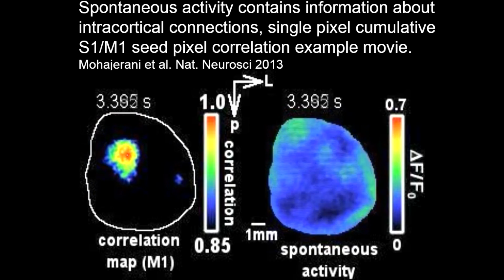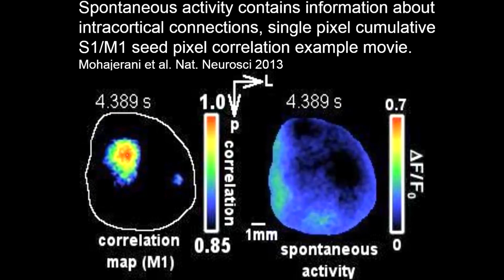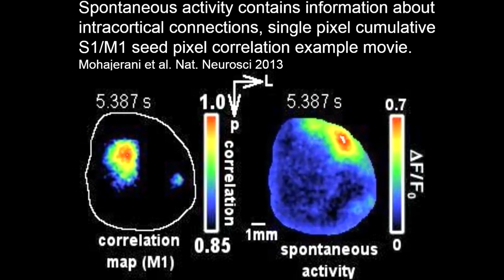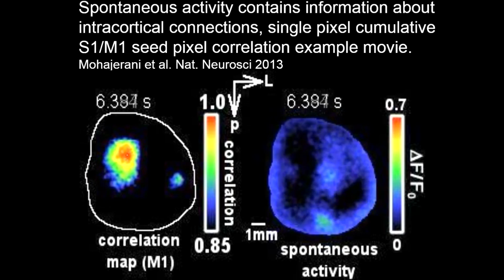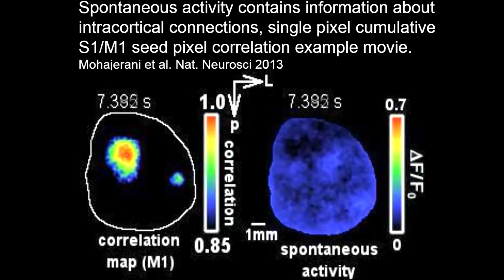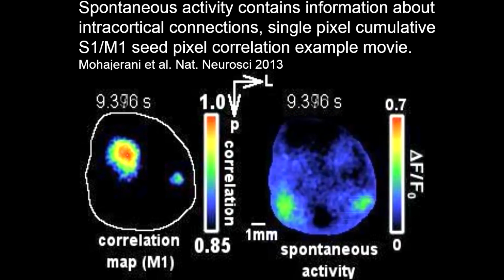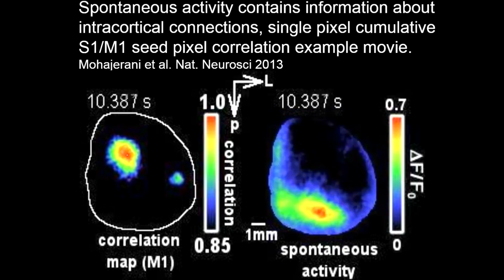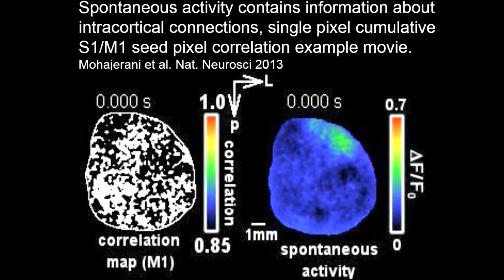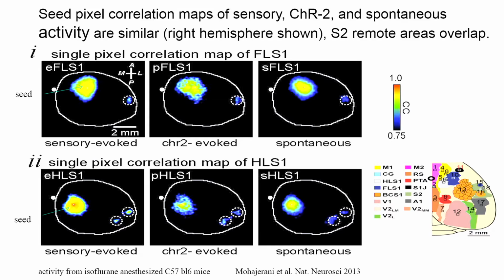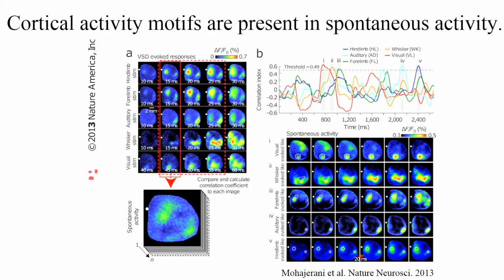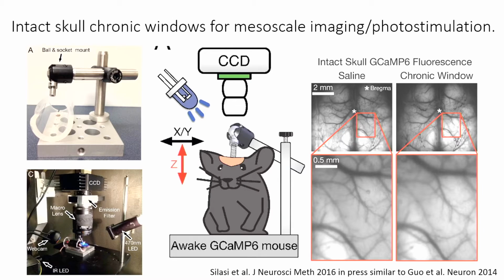And around this seed, which the laser pointer is pointing at, you can see with just 5 seconds of data, we can get a remote connection here with a very high correlation back to the seed. And so the seed is in the S1, M1 area, and that's the secondary somatosensory cortex that we believe is showing up. So we can use correlation to define maps. I'll skip over this. So sensation, channelrhodopsin, spontaneous activity, all give us fairly similar maps.